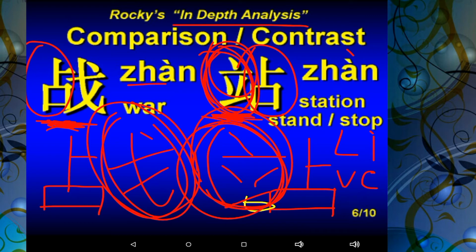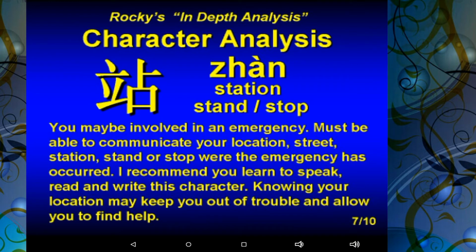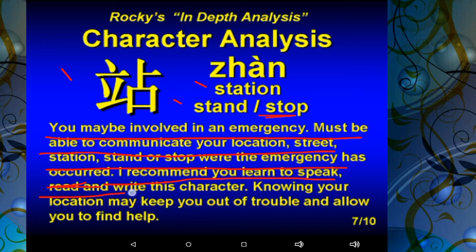A little bit more about the character Zhan. Of course, it means station, stand, or stop. You may be involved in an emergency. You must be able to communicate your location, your street, your station, your stand, or stop where the emergency has occurred. I recommend that you learn to speak, read, and write this character.